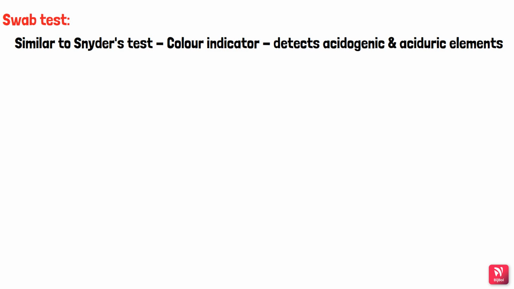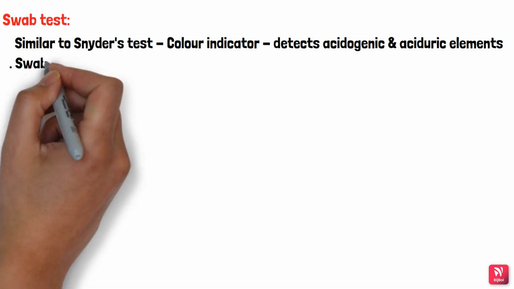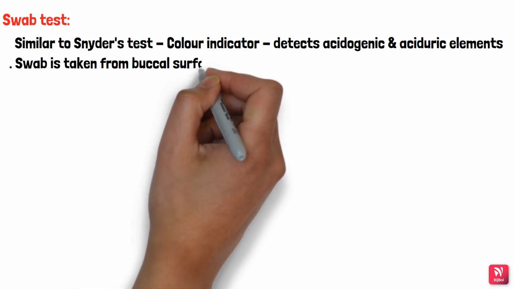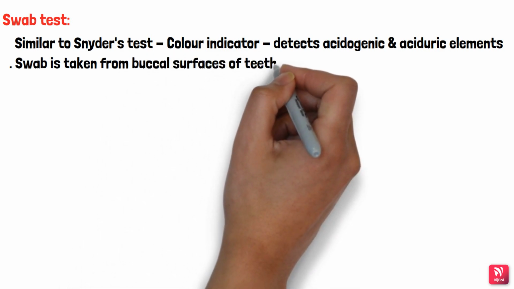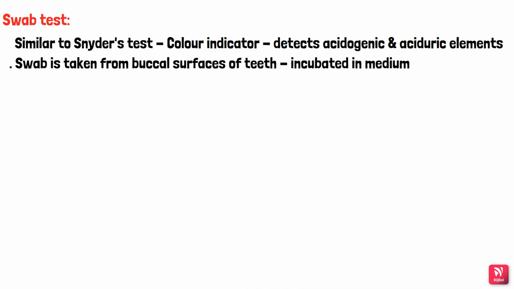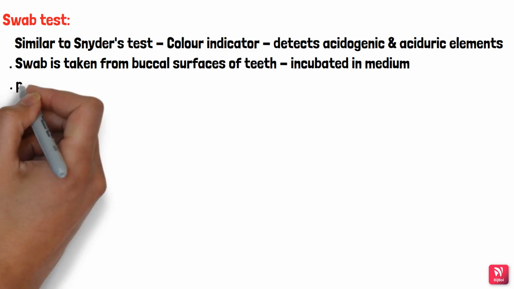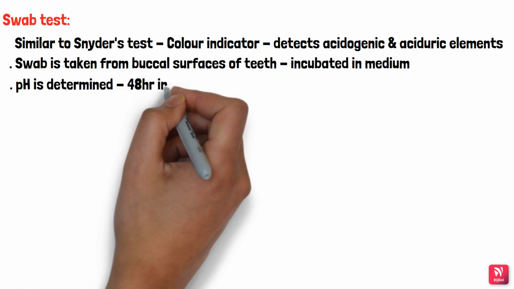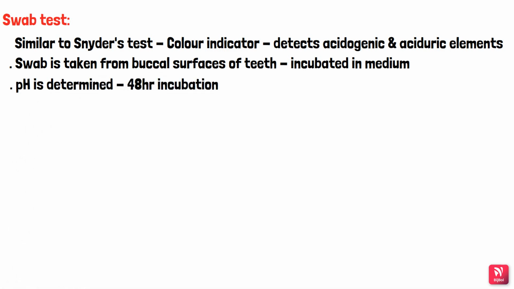Whereas in the swab test, we take a swab of the buccal surface of the teeth using a cotton applicator, and these swabs are incubated in the medium. We incubate it for 48 hours, and this is read by a pH meter for the color change.